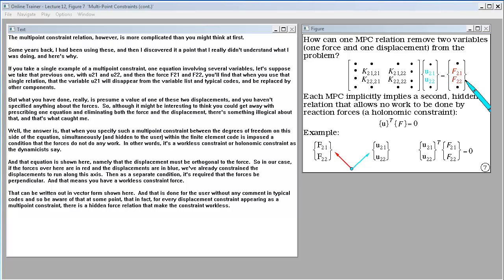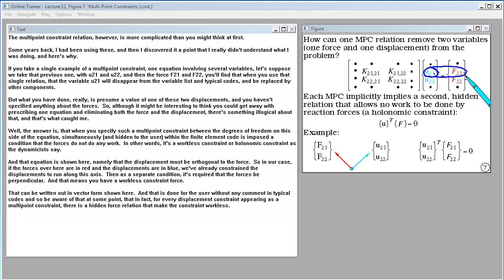You'll find that when you use that single relation, that the variable U21 will disappear from the variable list in typical codes and be replaced by other components. But what you have done really is presumed a value of one of these two displacements, and you haven't specified anything about the forces. So although it might be interesting to think you could get away with prescribing one equation and eliminating both the force and the displacement, there's something illogical about that, and that's what caught me.